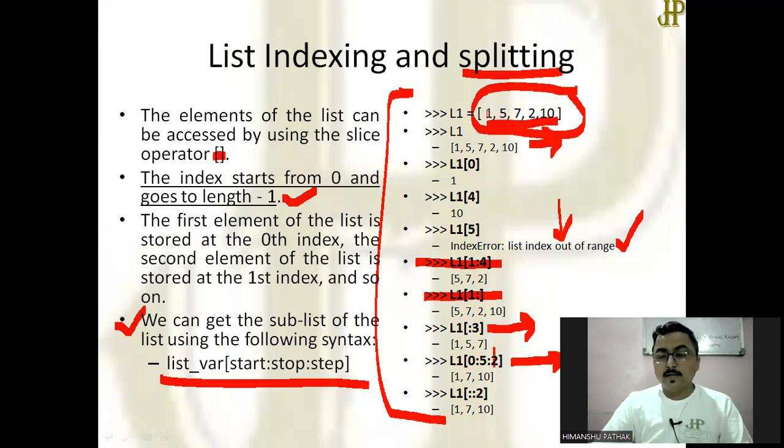So 1 is printed, then the second printed element is 7, then 10. Why? Because the step size is 2. By default the value is 1. So that's why 1, 7, 10 is printed. You can also pass only the step size. Here, the starting value will be the 0th position and the ending value will be the last element by default. So it will print 1, 7, 10 again.